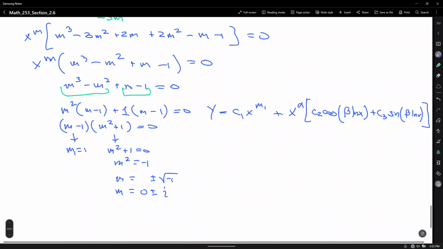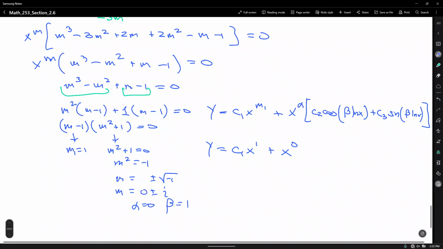All right. Okay, so what's m1? m1 is the real solution here to the equation, y equals c1 x to the first power. Oh yeah, let me write it. x to the first power plus x to the alpha, which happens to be 0. So alpha equals 0. Beta equals 1. Careful.